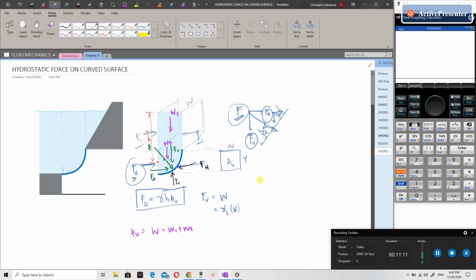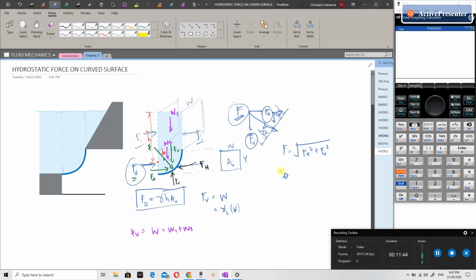Then, the application or the location of our resultant. Of course, the total force first, F is the square root of FH squared plus FV squared, so just the Pythagorean theorem. And our direction depends on what our reference is. So let's say from the horizontal, let's say this is the angle theta.